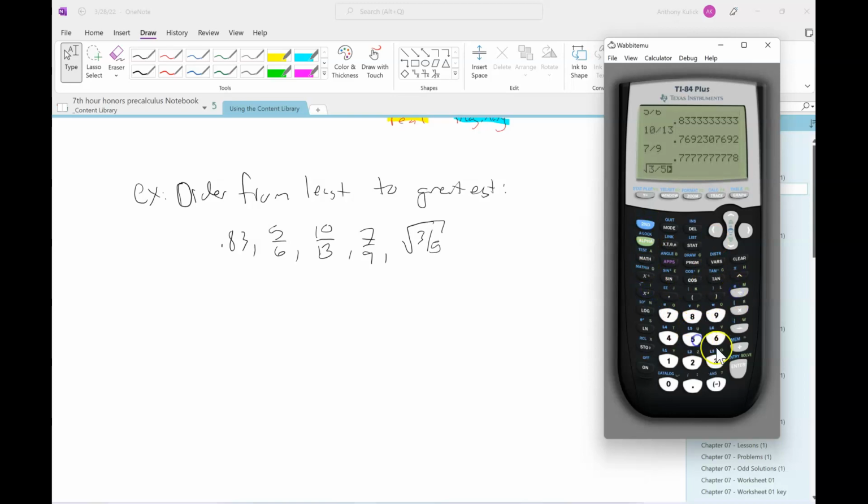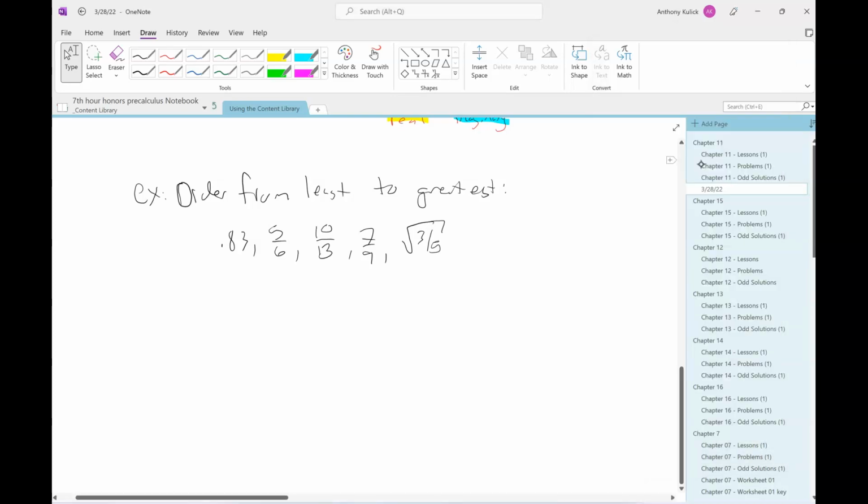And then the square root of 3/5 is in between those two. Okay, so we'd have 10/13, square root of 3/5, 7/9, 0.83 and then 5/6, right?